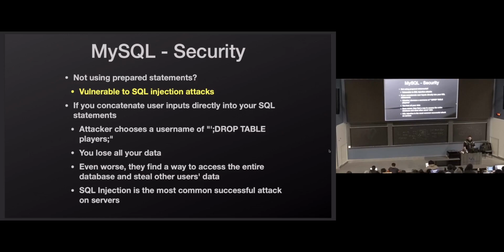At the very least, they're going to send a select star to your database and steal everyone's data. That's the very first thing we should worry about. And then they can do even more malicious stuff after that. Although stealing all your data is pretty bad already. Very, very bad. And this is the most common successful attack on servers.